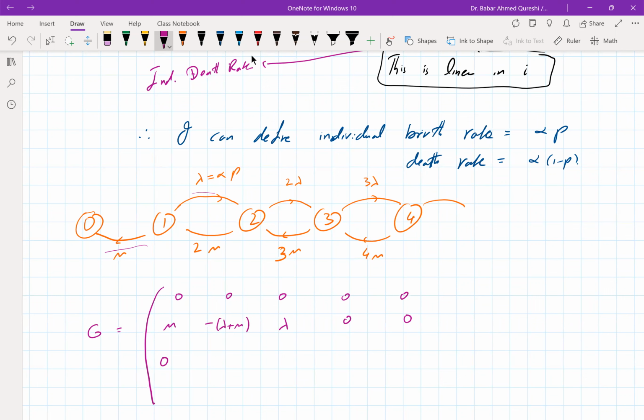Then you have 0, 2 mu, 2 lambda, minus 2 lambda plus mu, 0, 3 mu, 3 lambda, minus 3 lambda plus mu. So this is the general structure of these linear birth and death processes.